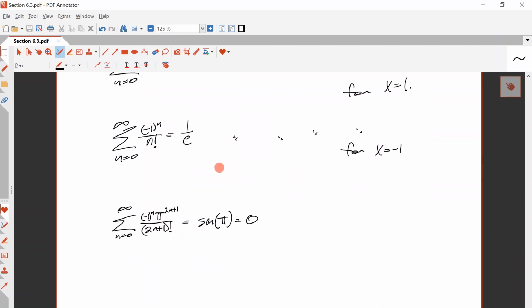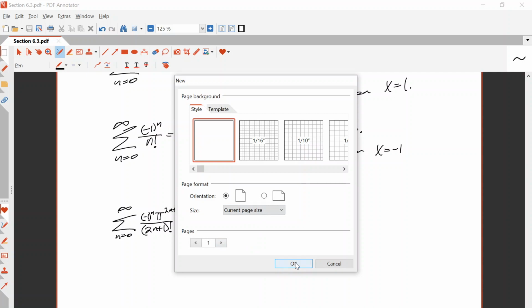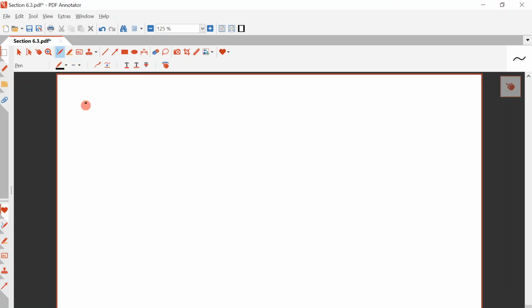Here's another neat example. Calculate the limit as x goes to 0 of sine x over x without L'Hospital's rule.